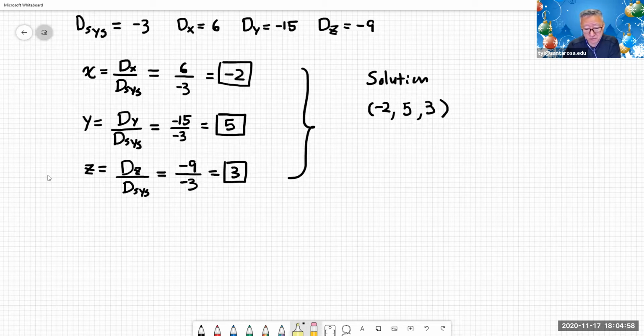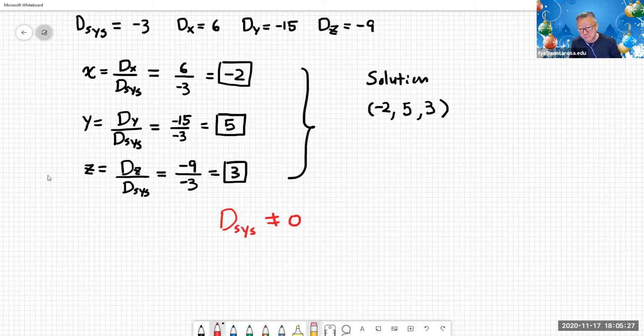Now, we don't have that type of restriction on Gaussian elimination. But with Cramer's rule, the determinant of the system cannot be equal to zero, and there will be problems where the determinant of the system is equal to zero.